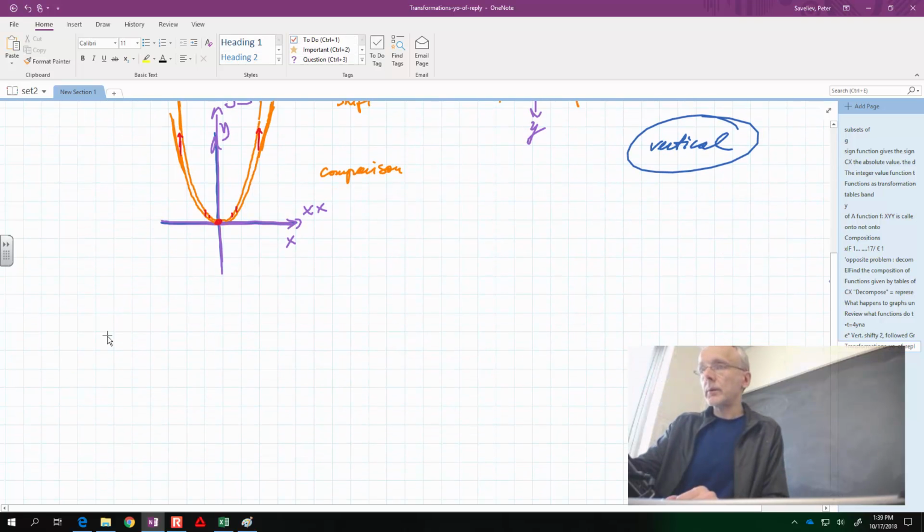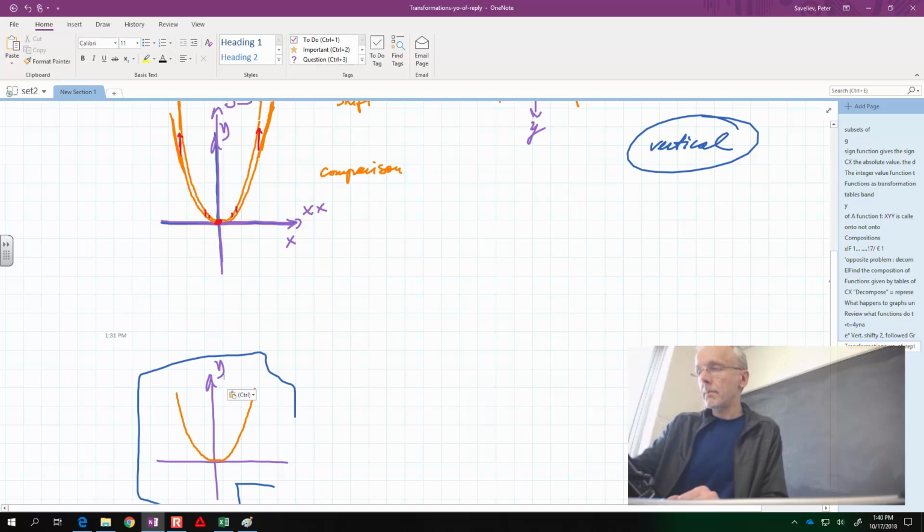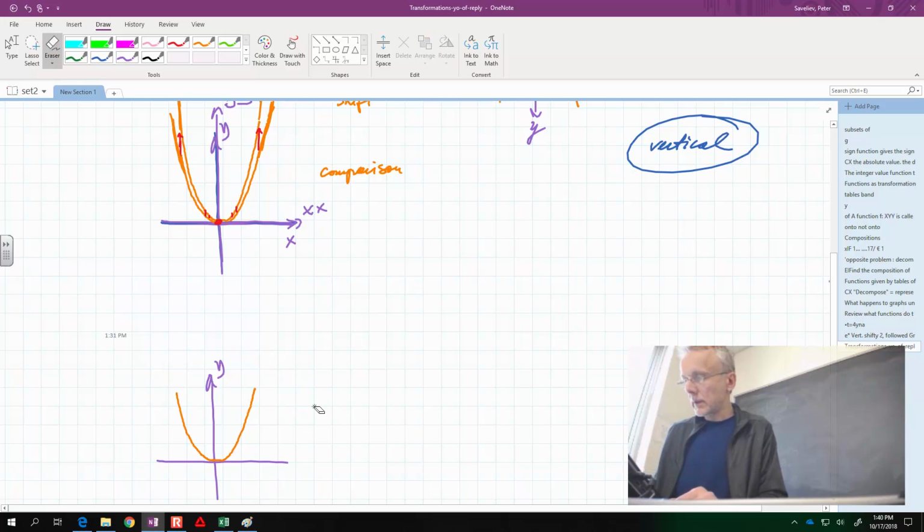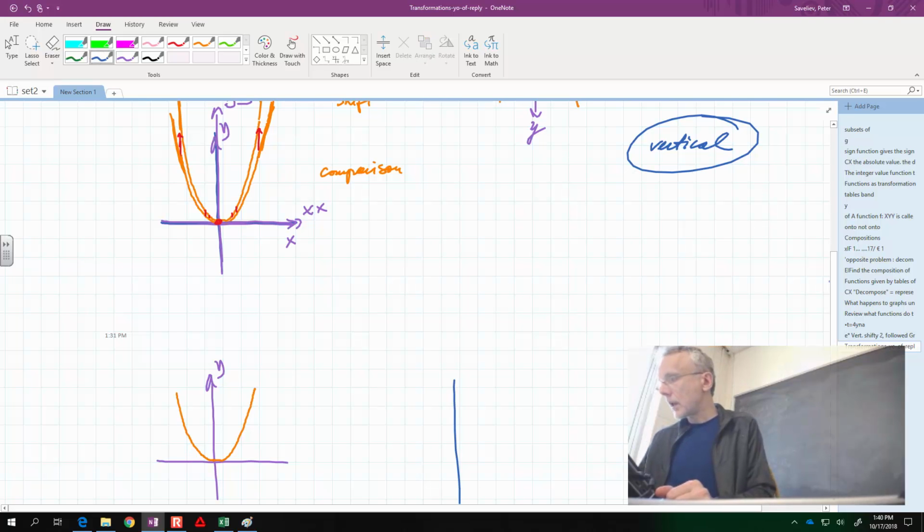So that one is the original. Okay, that's the original parabola. And now I'm going to carry out transformations in the horizontal direction.